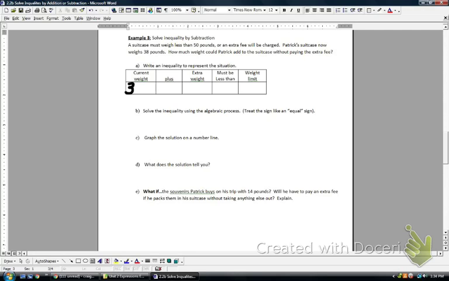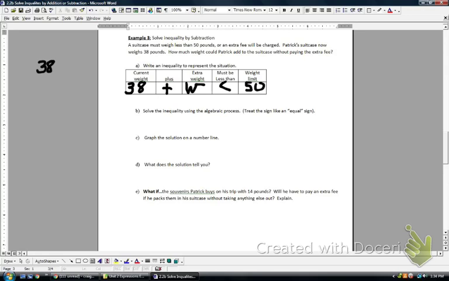So the current weight is 38 pounds plus the extra weight that we don't know. I'm going to use W for my variable. Must be less than 50. All right, then it says solve the inequality using the algebraic process.